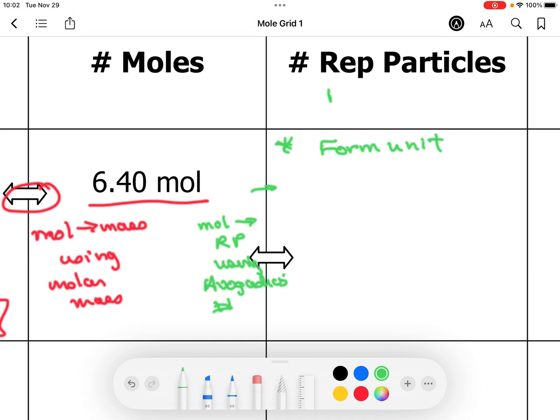And I will do that by taking my 6.40 moles times 6.022 times 10 to the 23rd formula units per mole.